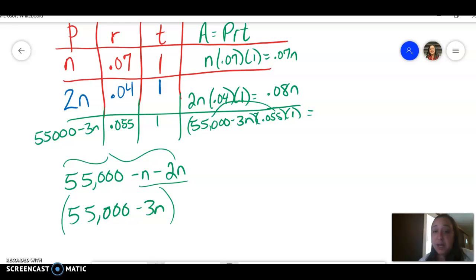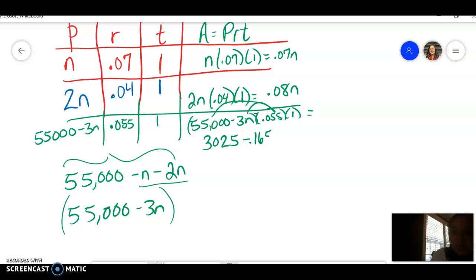If I multiply that 0.055 times that 55,000, this would be 3,025 minus, and if I multiply that 0.055 times 3, that is going to give me 0.165n.